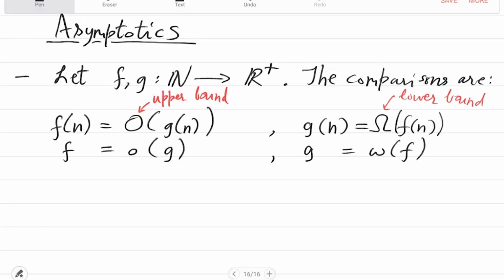So if you have both upper and lower bounds on f, then you can use theta. So f equal to theta of g. So theta of g basically combines the two things, f equal to big O of g and f equal to big omega of g.